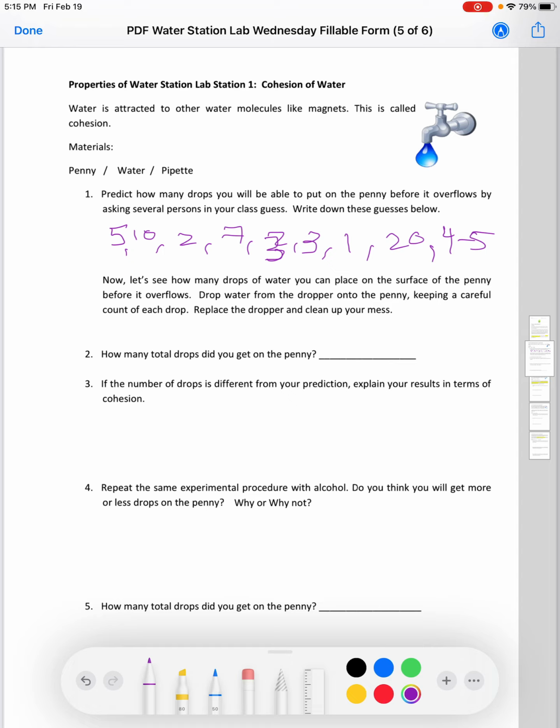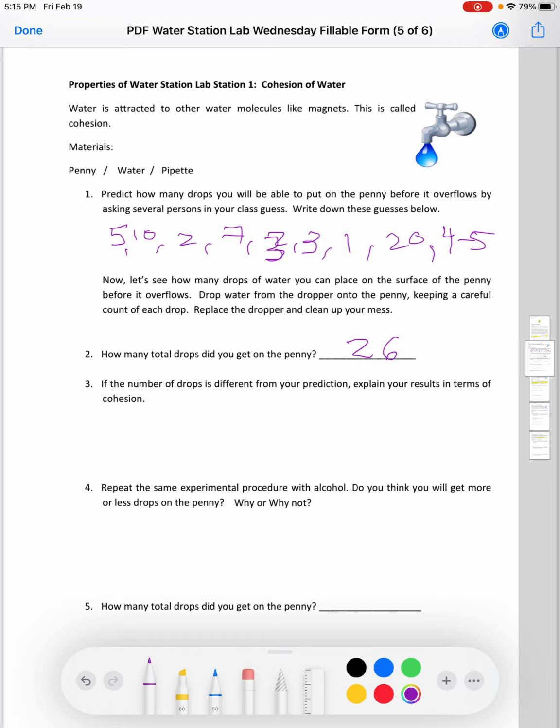So I think a good average that people got was around 25 or 26 drops. So we'll put that. And the number of drops is different from our prediction because most people don't think of drops adhering and coalescing into one another. That means joining up and holding strongly to one another.